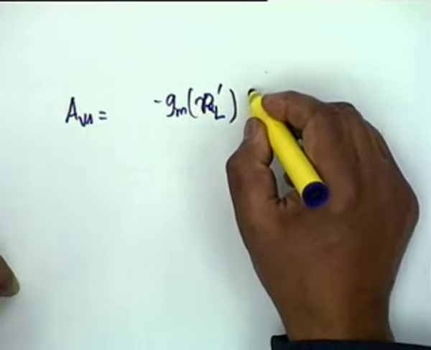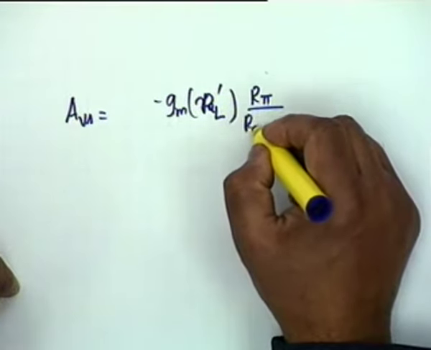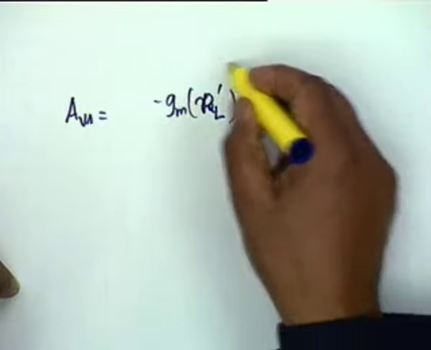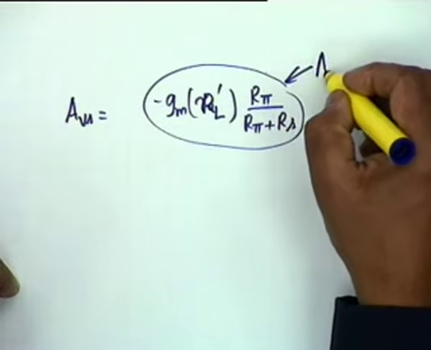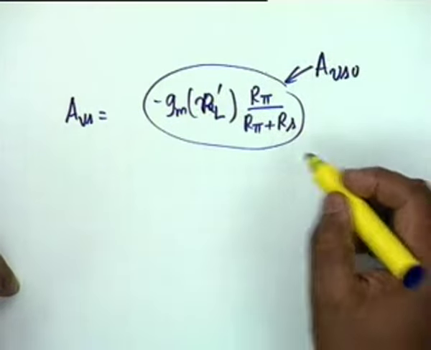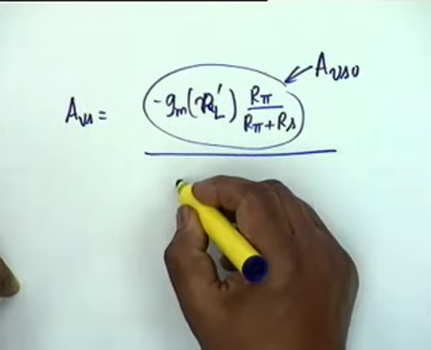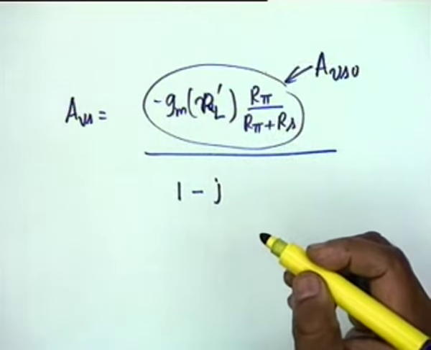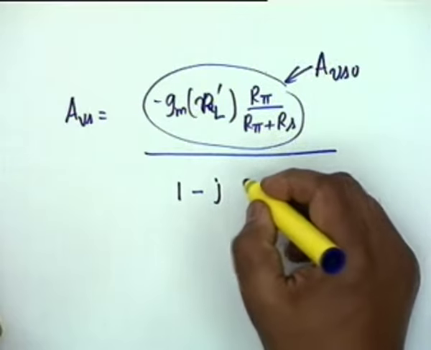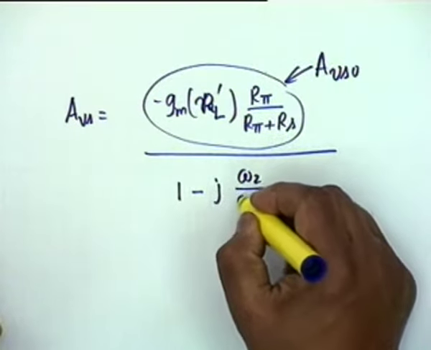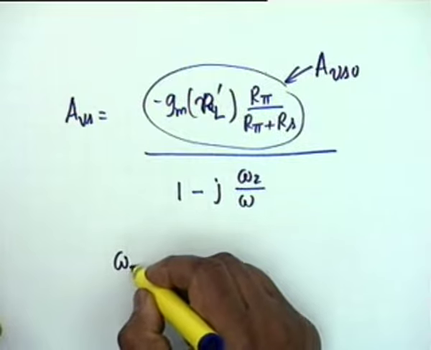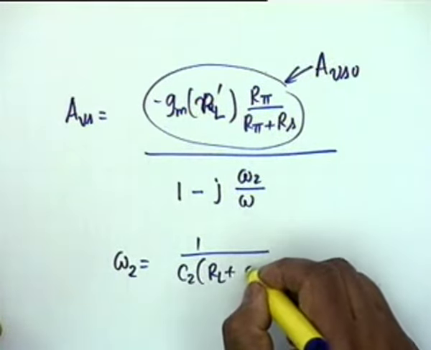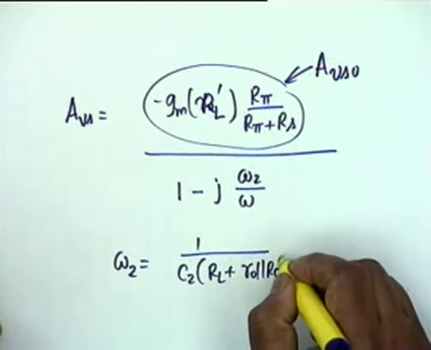Gm RL prime multiplied by R pi divided by R pi plus Rs, and obviously this is equal to AVS 0 divided by 1 minus j, that j in the denominator we bring it up, so it becomes minus omega 2 divided by omega, where omega 2 is equal to 1 over C2 multiplied by RL plus R0 parallel RC.